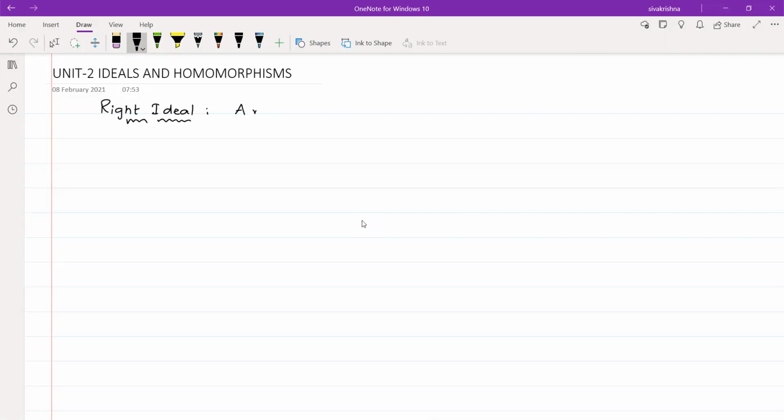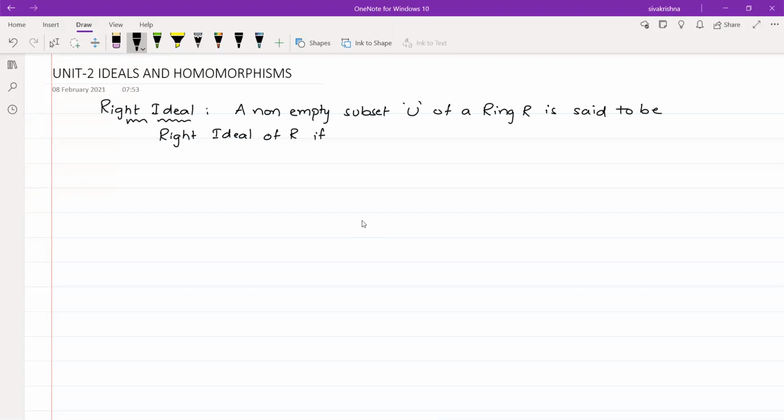A non-empty subset capital U of a ring capital R is said to be right ideal of capital R if it satisfies the following conditions.